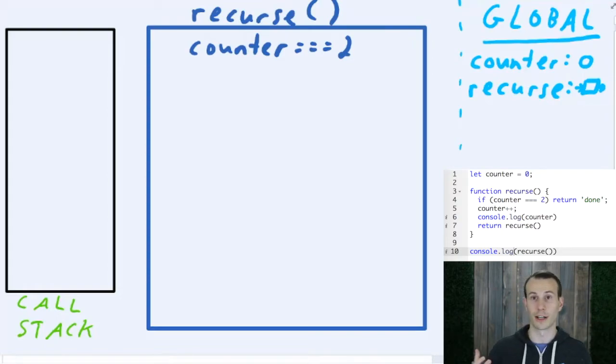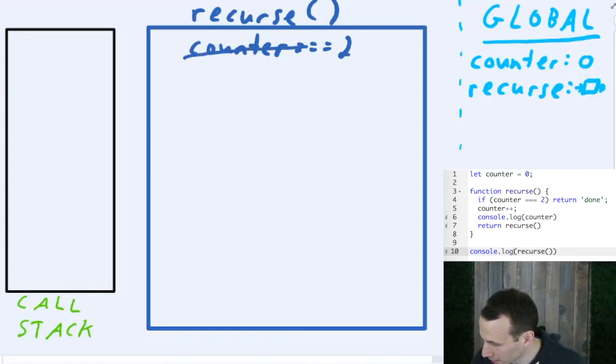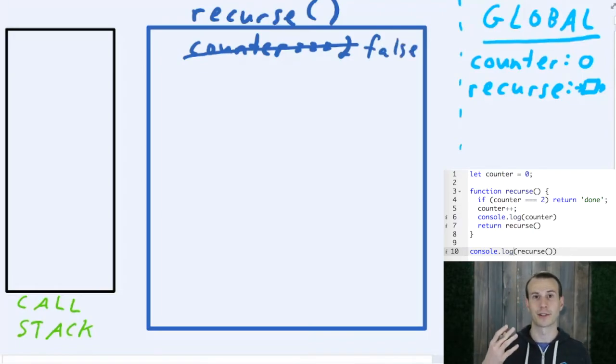There is no local variable counter; it will first look in the local scope and won't see a counter. It will then go out to the global scope, see counter, and say, oh, that's 0. This isn't 2. So in fact, this will evaluate to false. And that means we do not enter our base case. We don't enter our if statement, our conditional statement here. We just continue down the line.